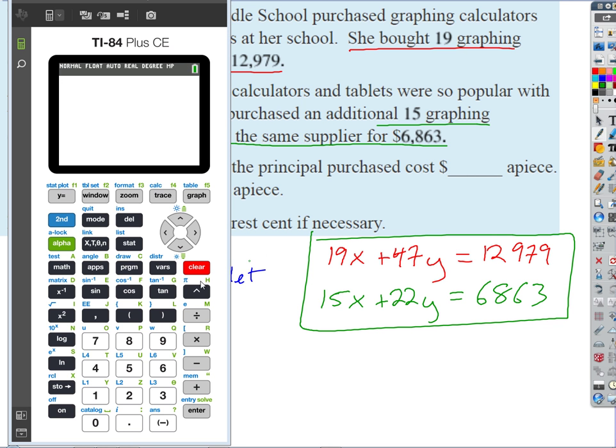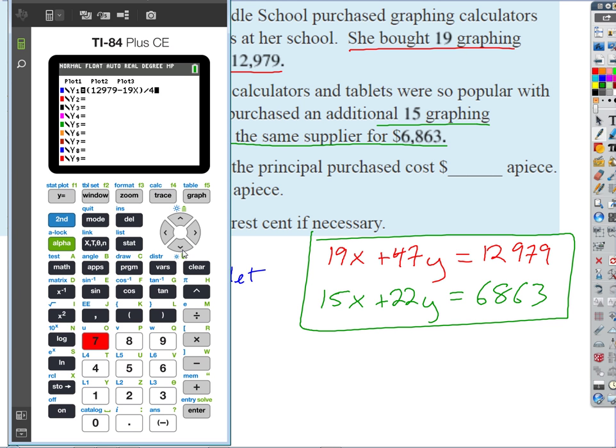Okay, so if I take this first equation and isolate y into the calculator, to get that y by itself. So remember, I'm going to open up a set of parentheses for the right side of the equation. I've already got a 12,979 over there. I'm going to subtract 19x to the right side, close the parentheses, and then divide the whole thing by 47.